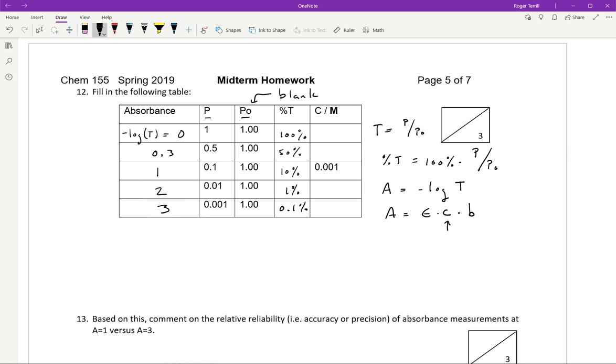Okay, so here is where we're going to take over with this formula. We know the concentration, in this case, is 1 millimolar.